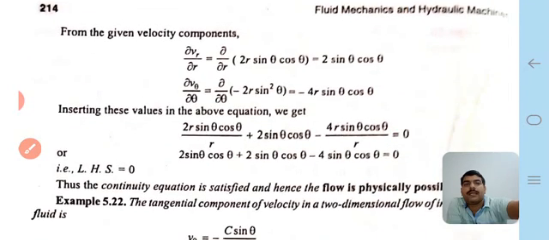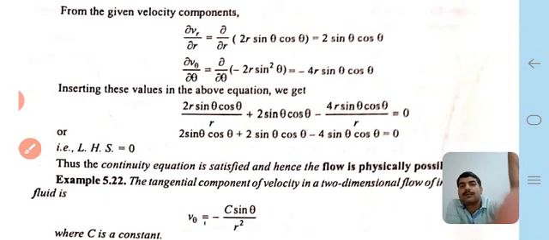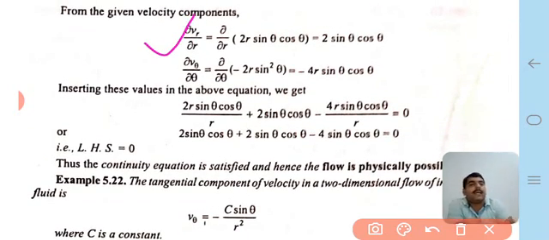Therefore, from the given velocity components, del Vr upon del r is equal to del upon del r of 2r sin theta cos theta, which is 2 sin theta cos theta, and del V theta upon del theta is del upon del theta of minus 2r sin square theta, which is minus 4r sin theta cos theta.